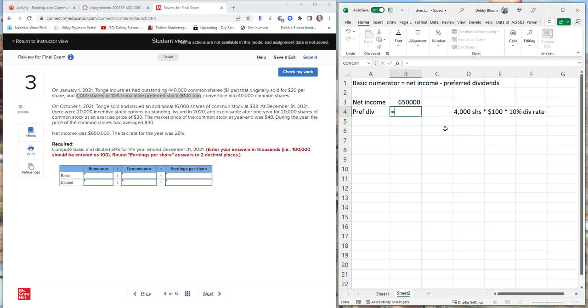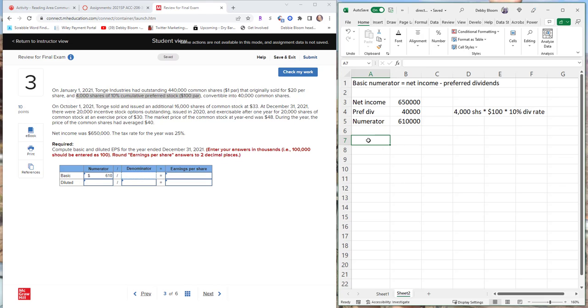That works out to a preferred dividend of 40,000. So my numerator, net income minus preferred dividend, would be $610,000. So for basic, in my numerator, I'm going to put in 610. Remember, it says to put it in thousands.